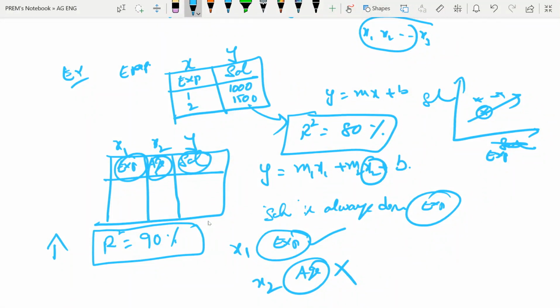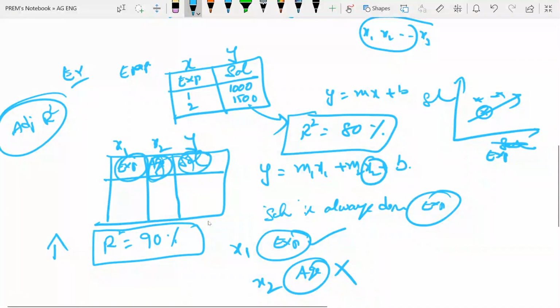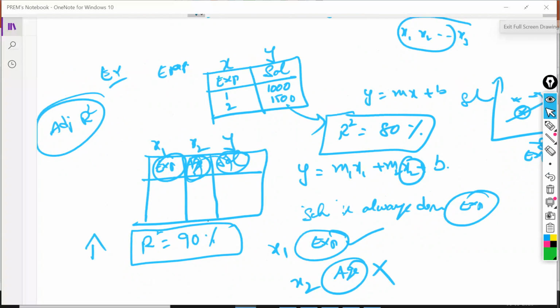Whenever you add multiple independent variables, R square will increase. But are the added variables relevant, that is, correlated to the target variable or not? This is the limitation of the R square. To overcome it, we use a new parameter, the adjusted R square. This is the second one.